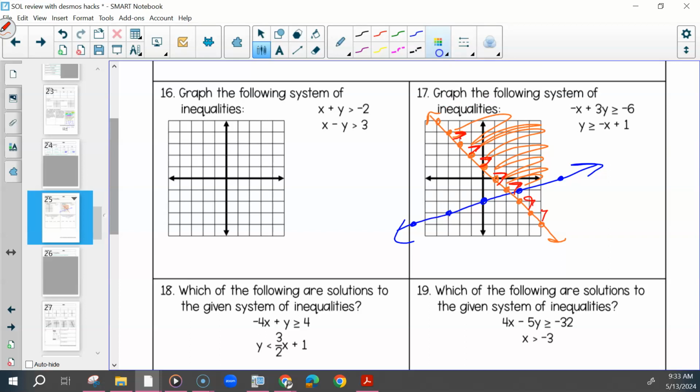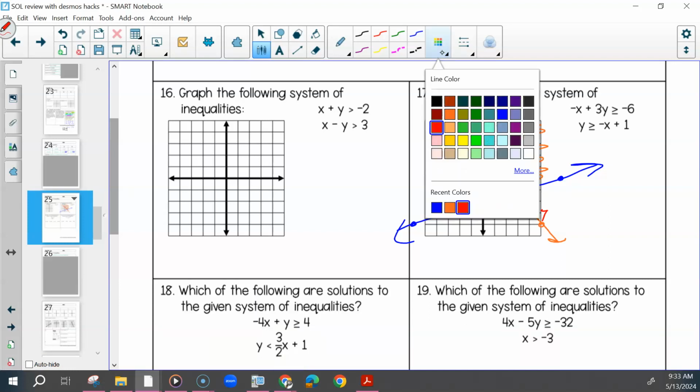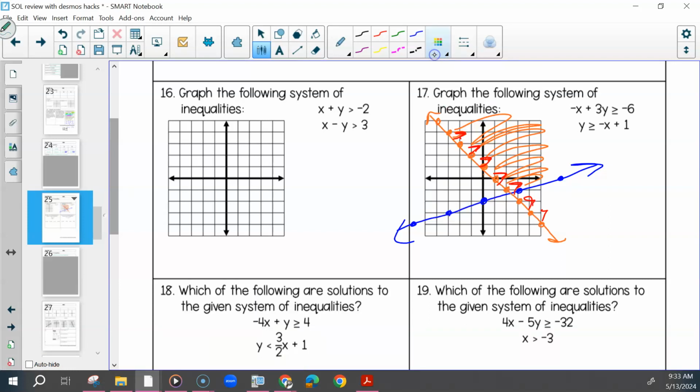And then the other one is going to be shaded above that one as well. And where those two would meet would be this section.